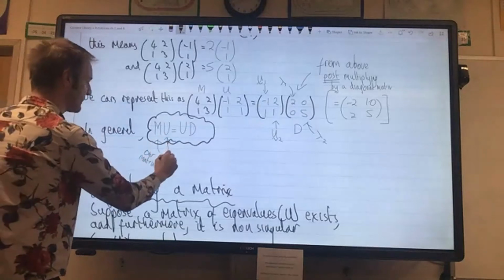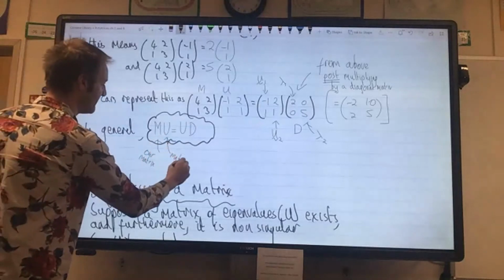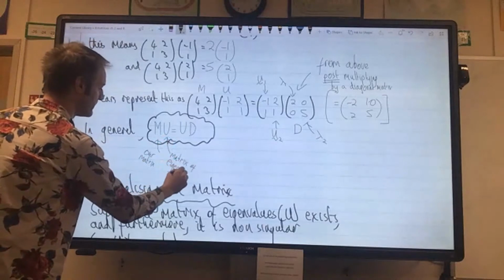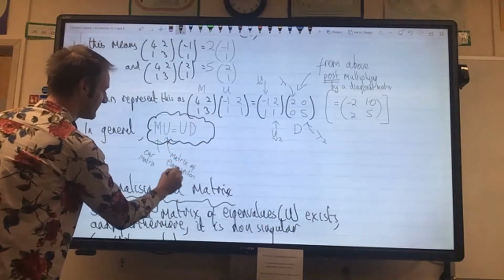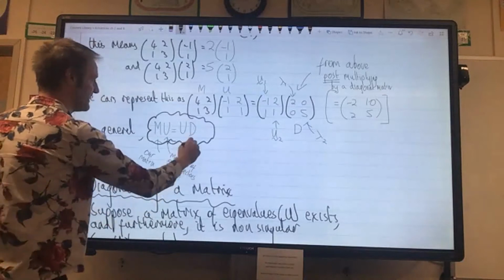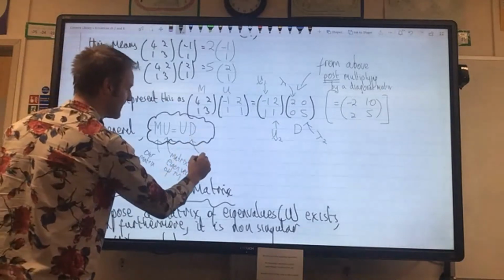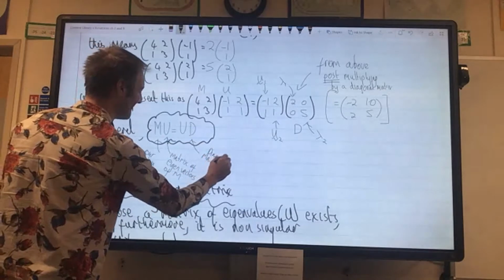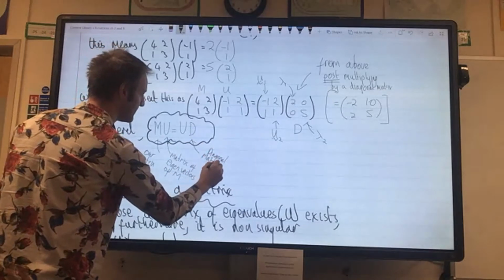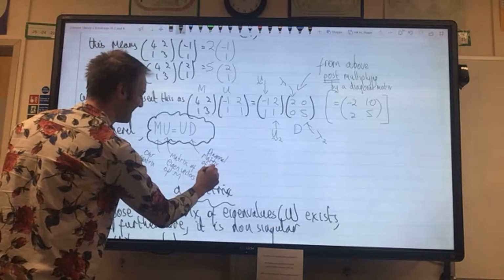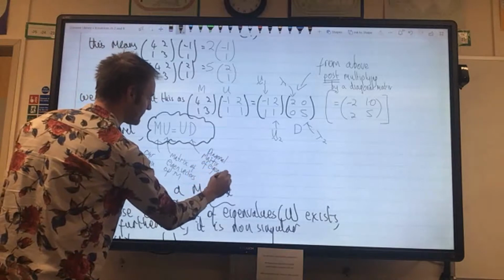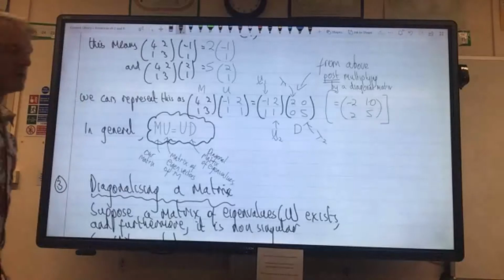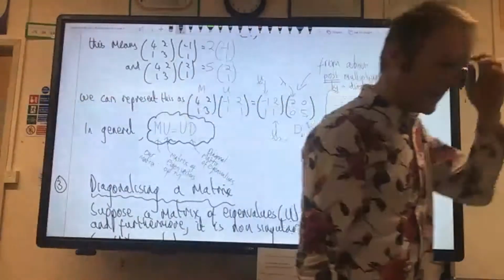U is the matrix of eigenvectors, and D is the diagonal matrix for eigenvalues. And what I've shown you is how you can write MU equals UD.